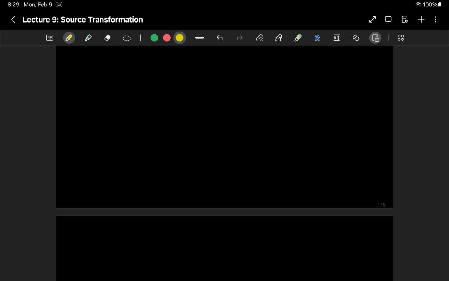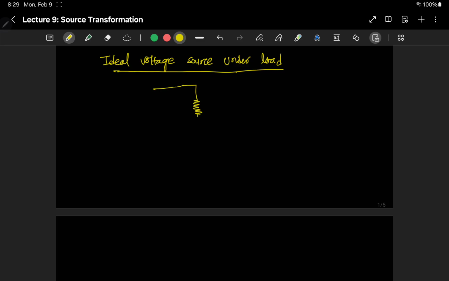So, the ideal voltage source under load can be drawn as something like this, where this is the voltage source Vs and the current flowing is I, which is given by I equals Vs by Rs.